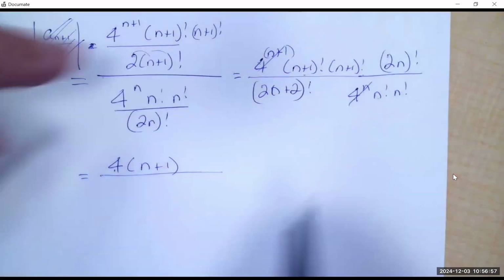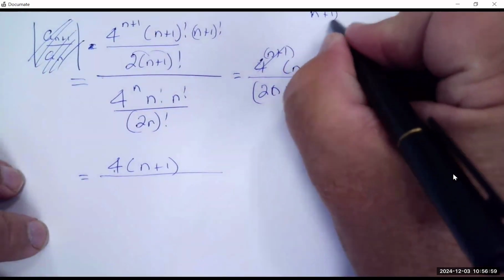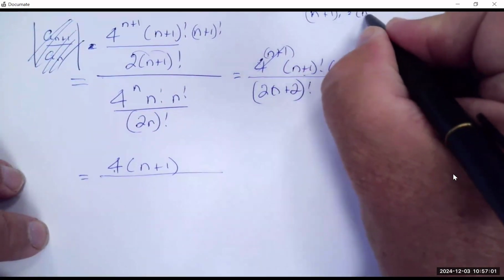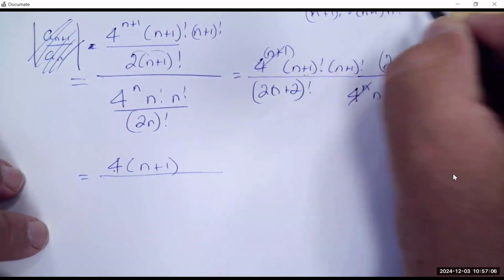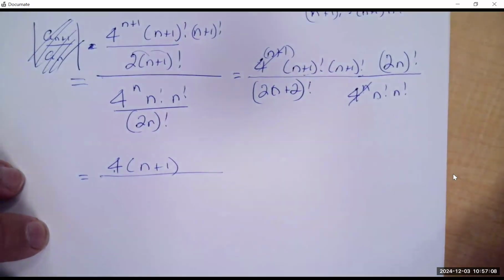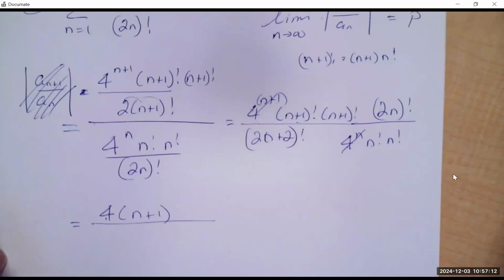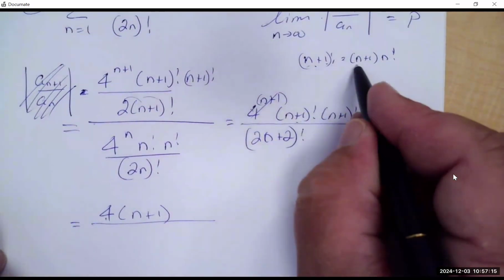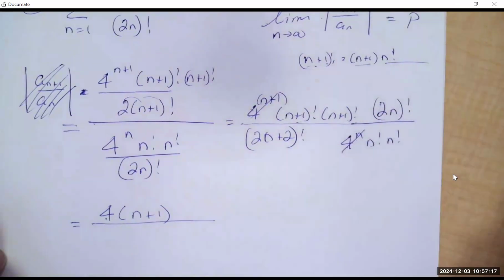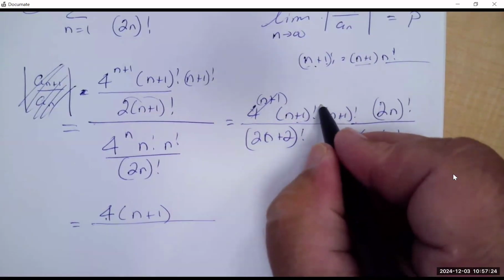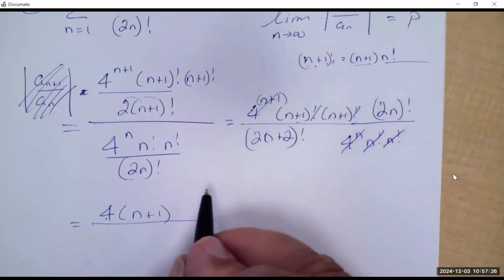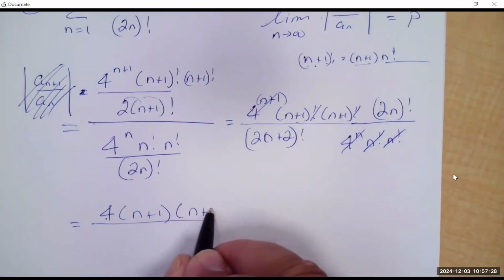Because remember, the n plus 1 factorial is n plus 1 times n and everything else below there. Times n minus 1 times n minus 2. So since we start with n plus 1, everything after that is n factorial. Same thing. So both of these cancel with those, leaving me with n plus 1, n plus 1.